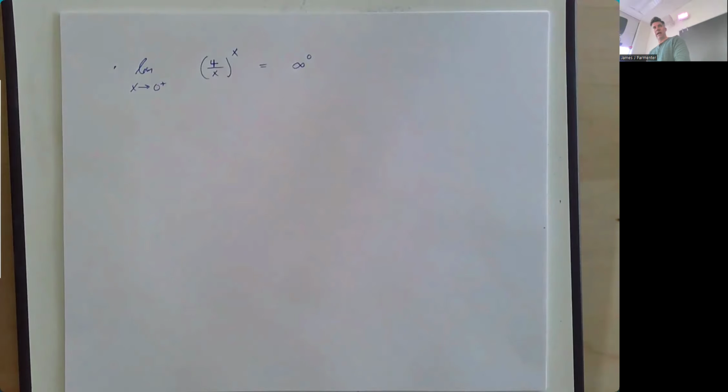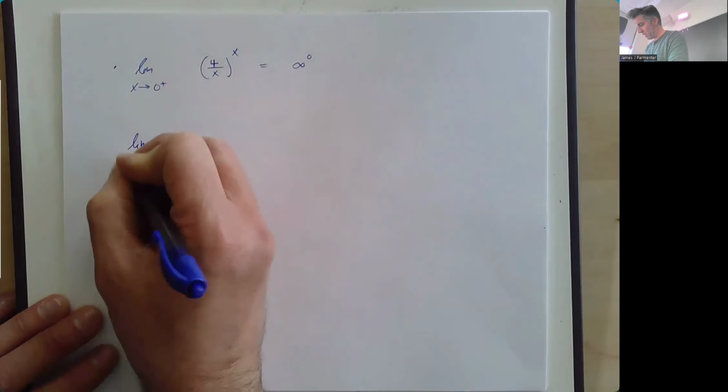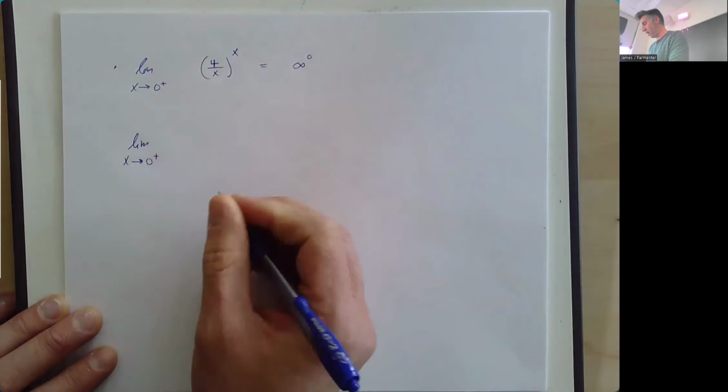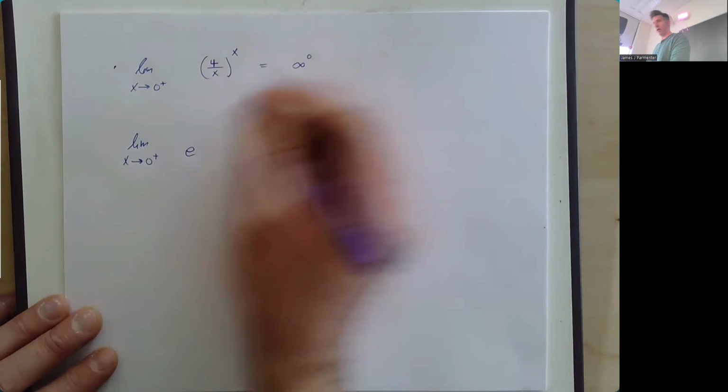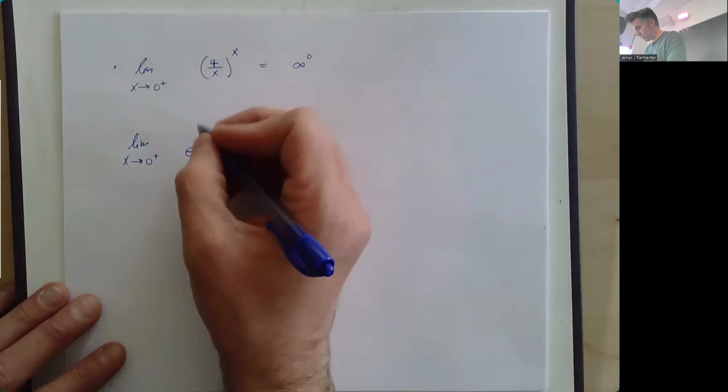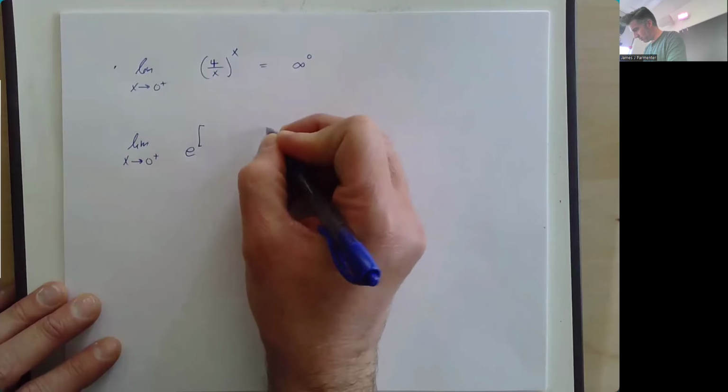All right, everybody should write down the first step. I want you all to rewrite this as the limit as x goes to 0 from the right of e to the something.